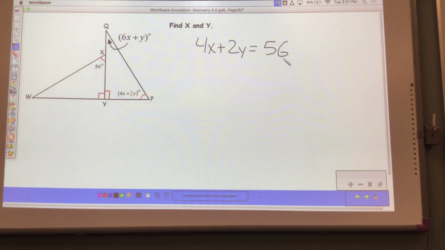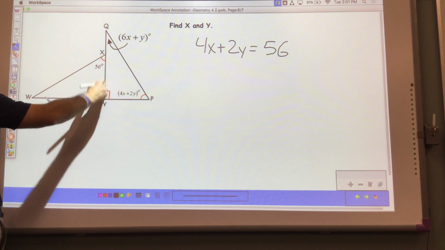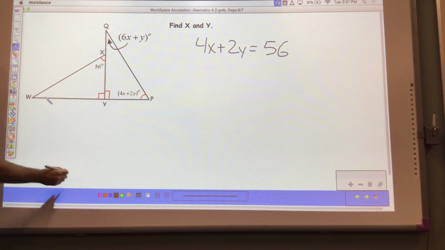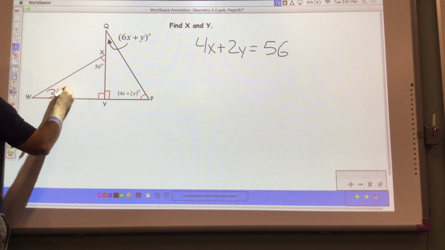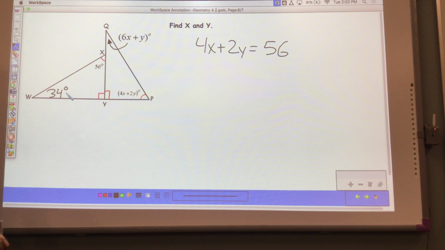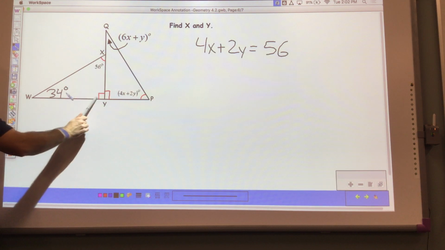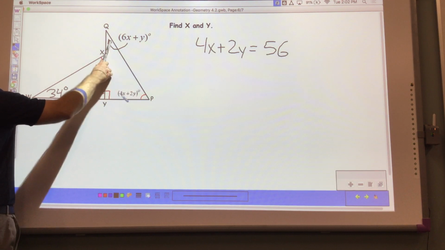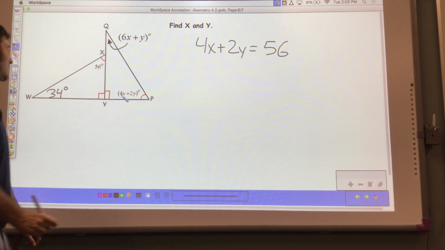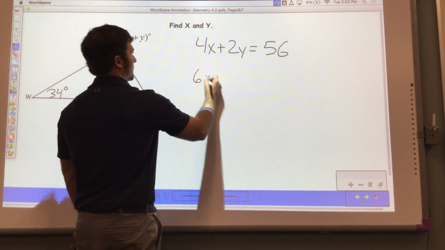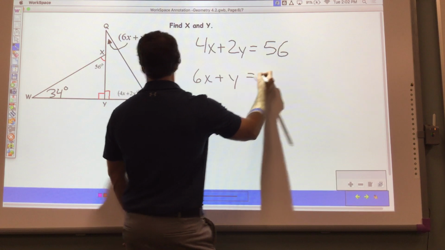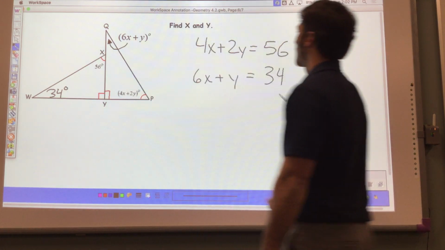Then we got one equation. We should know what this angle is. 180 minus 90 minus 56 is 34 degrees. We can use that third angle theorem, because these are congruent, so these two would be congruent. We can say 6x plus y equals 34.